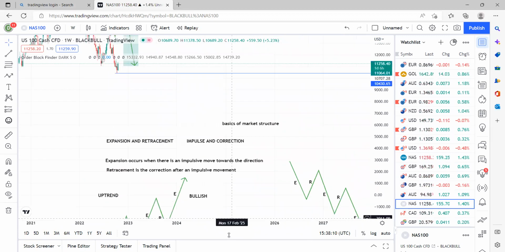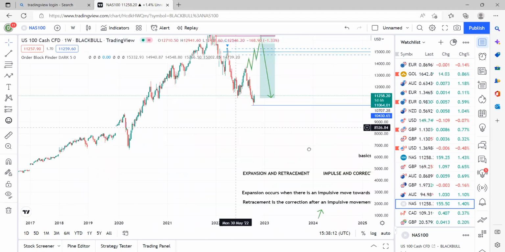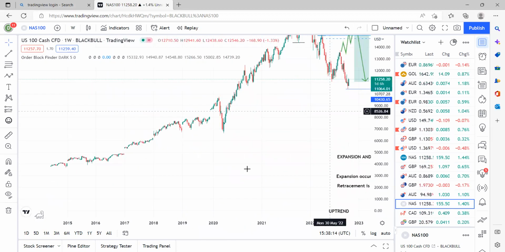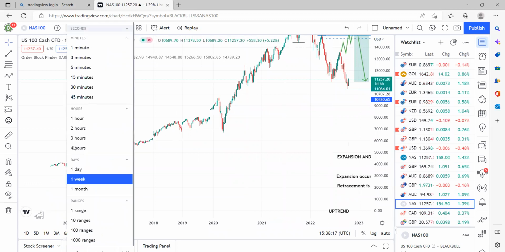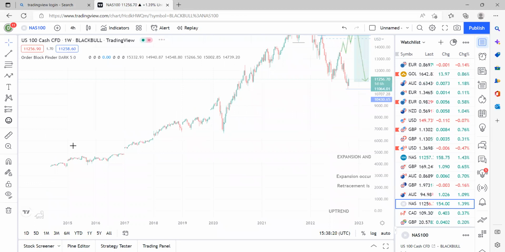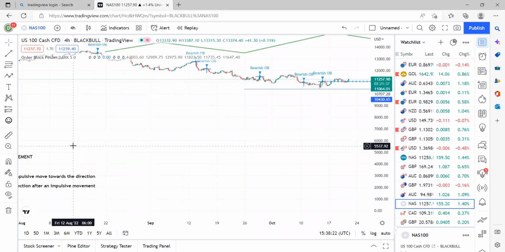And then from there, we can go to the market to look for examples of what we're talking about here.